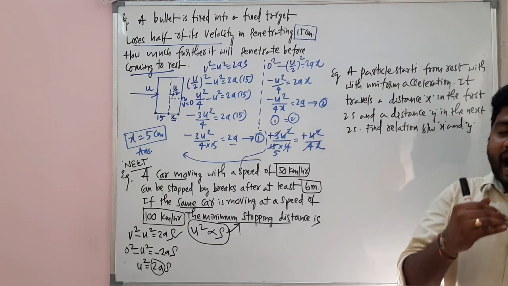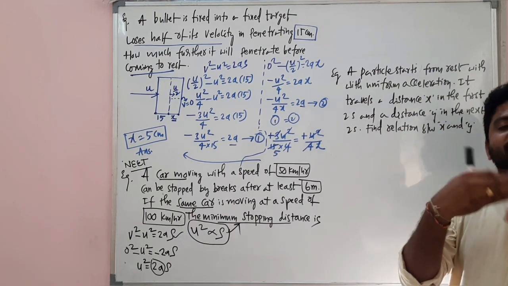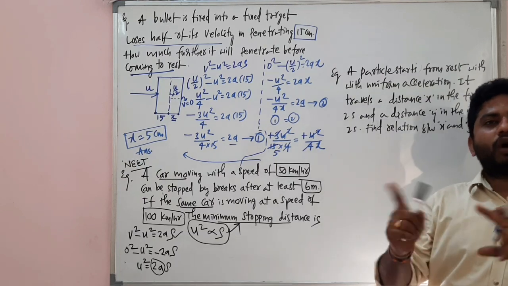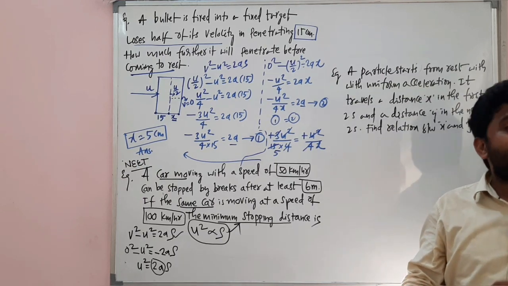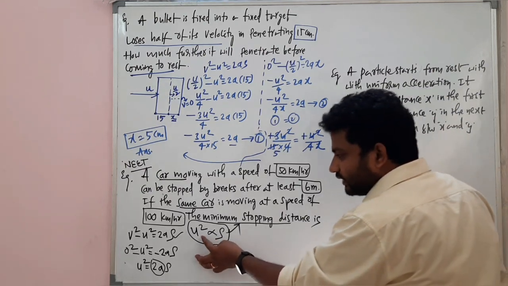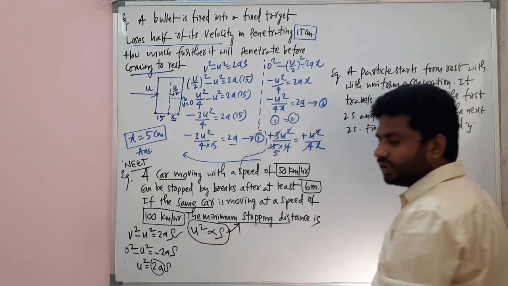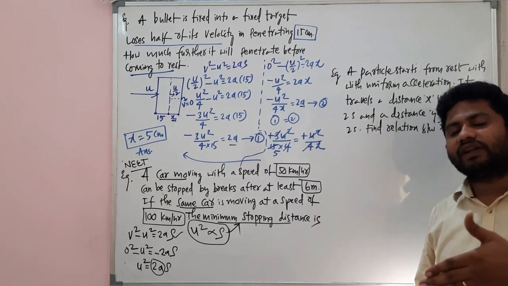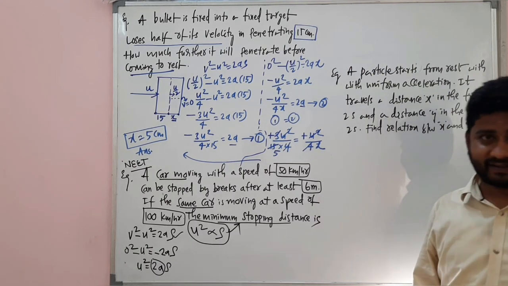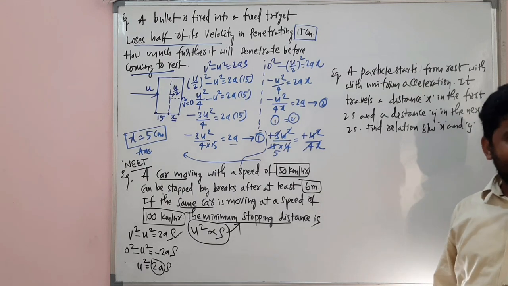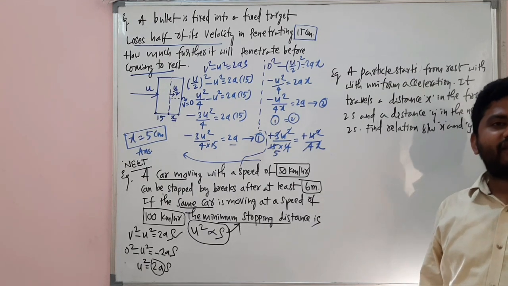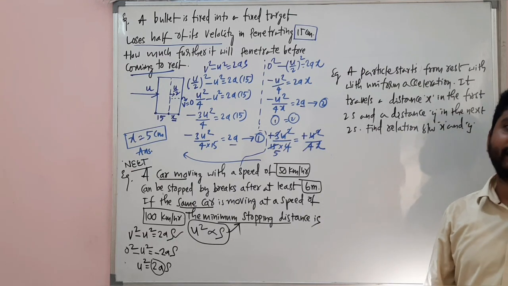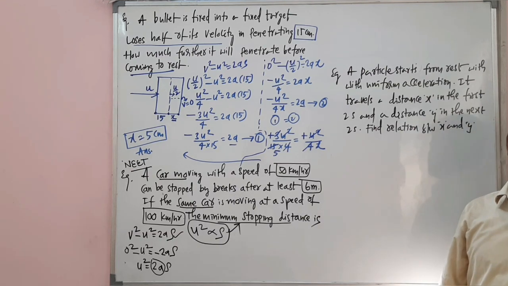Or if they are asking the relation in the same car and the stopping distance depends on their velocity, see here, stopping distance is depending on the initial velocity. With what velocity it is moving, the stopping distance is affected. If they are asking about a same car and the variation in the stopping distance, you have to use this formula directly. u square is directly proportional to s.